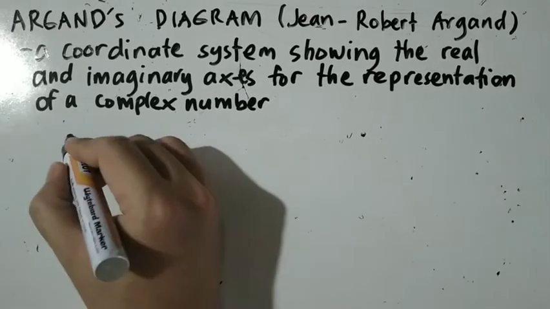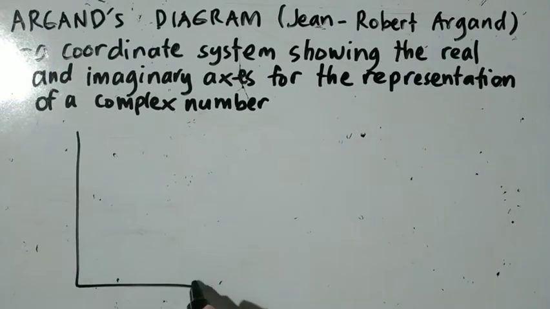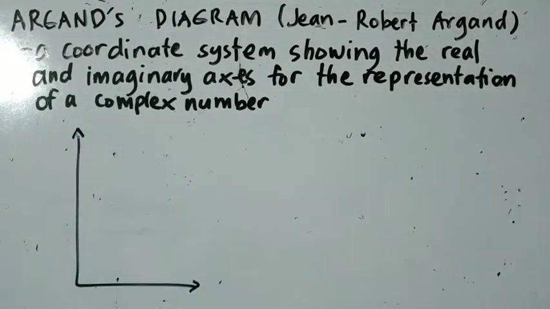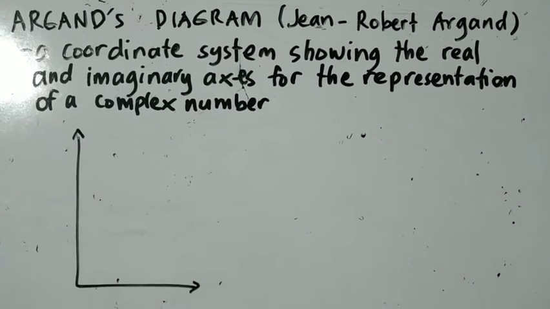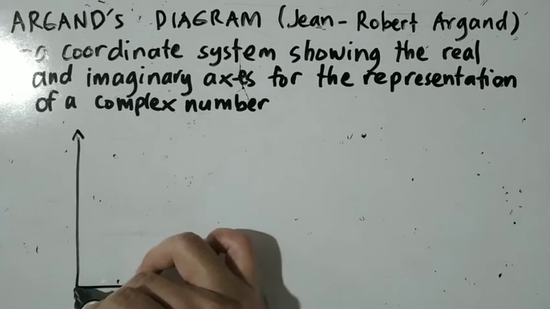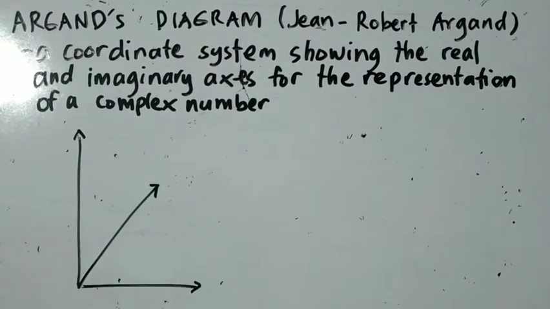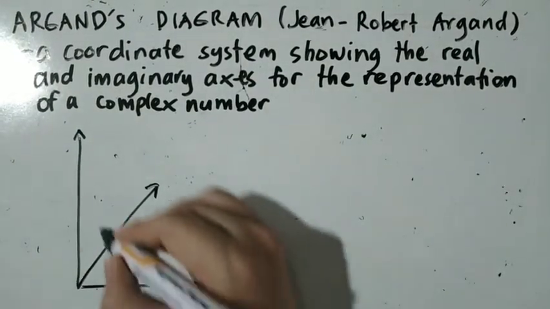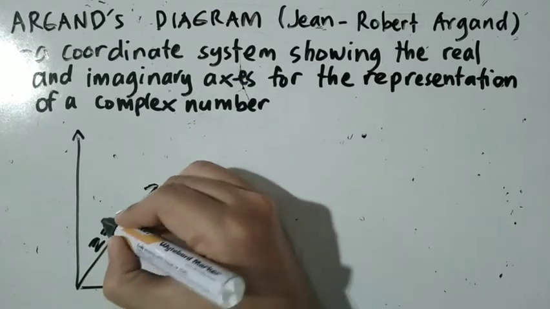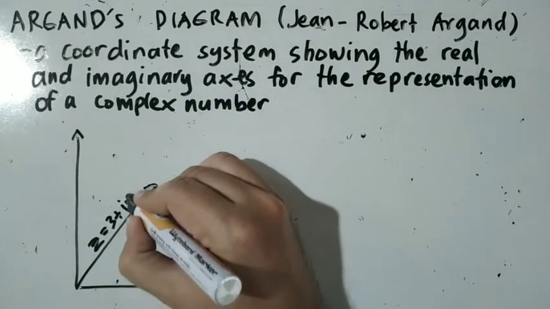Just like the Cartesian coordinate system, this is basically how the Argand diagram looks. Here we can draw our complex number, and let's say this complex number is z equals 3 plus j4.